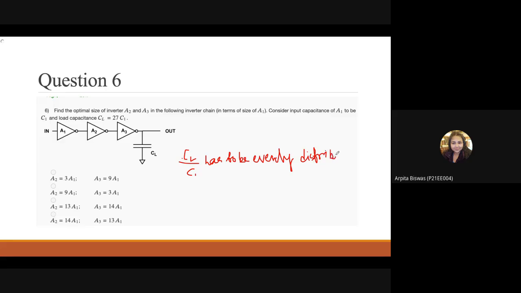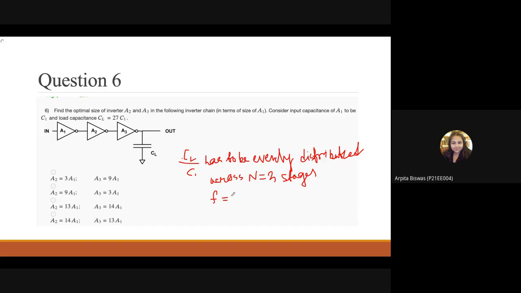Here n equals 3 stages. So what is the value of this small f?